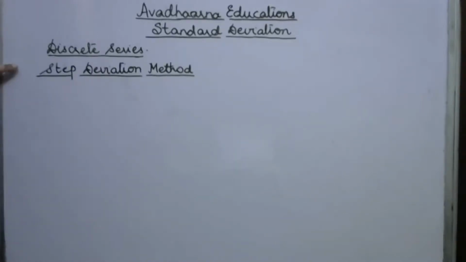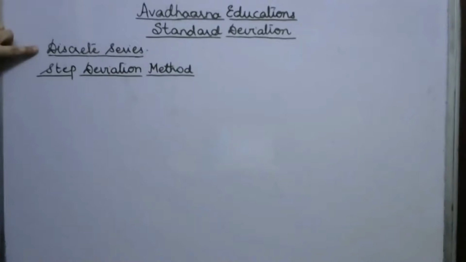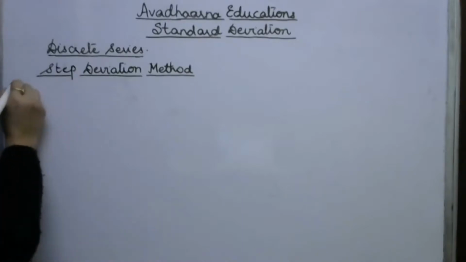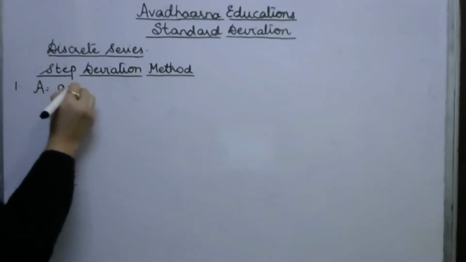So let's come to the last method, that is the step deviation method of finding standard deviation in case of discrete series. It's just similar to the assumed mean method with just one more additional step in between. Your first step, just like the assumed mean method, is to take any value of x in the series as a, that is assumed mean.